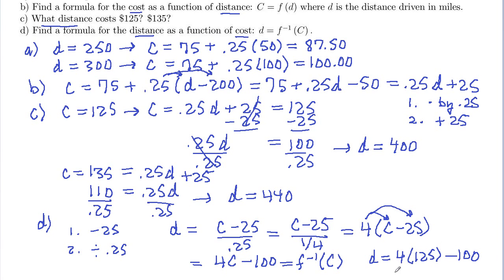So 4 times 125 is 500, and minus 100 is 400. And look, that's what we got here. So that is indeed our inverse function. Reverse operations, reverse order. So the inverse function undoes the original function.